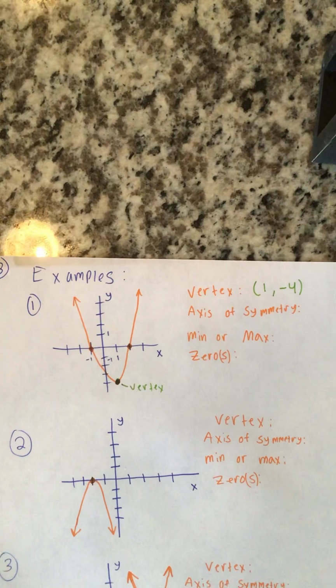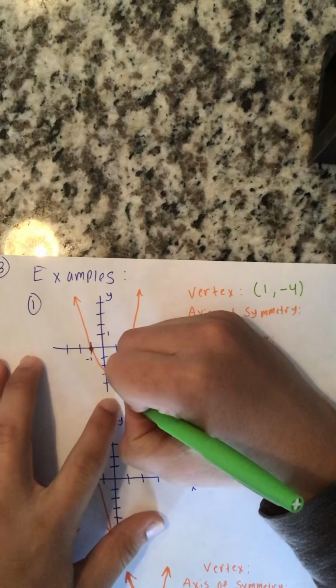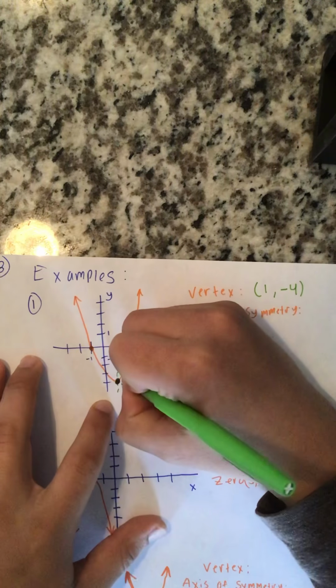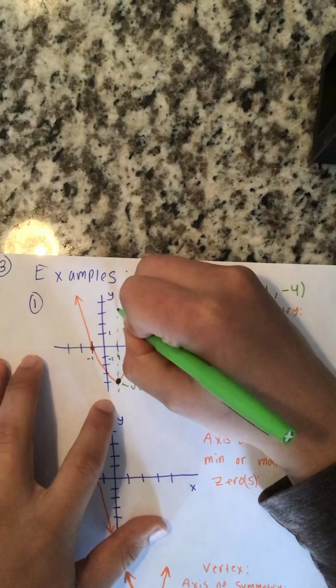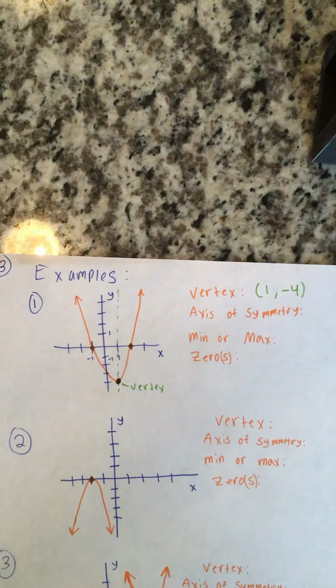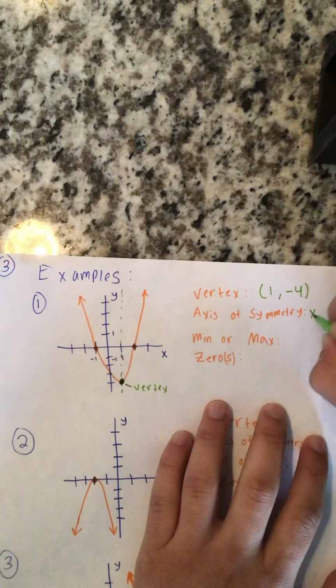The next thing is the axis of symmetry, okay? So again, remember the axis of symmetry was that imaginary line that divided the parabola, okay? So if I draw a line, it's at the vertex. We draw that invisible line, okay? Now, if we remember from previous lessons, if I have a vertical line, that equation is going to start with x, okay?